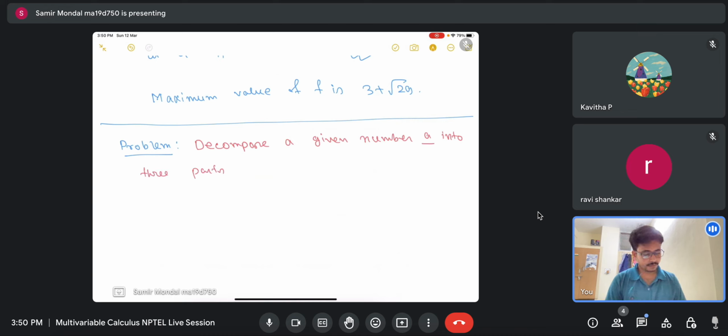One number is already given, definitely take it as a positive number. You have to break it into three parts to make sure their product is maximum. This is your problem.